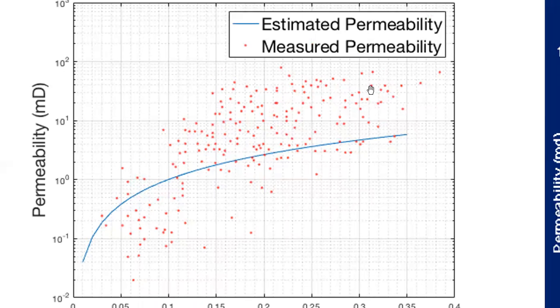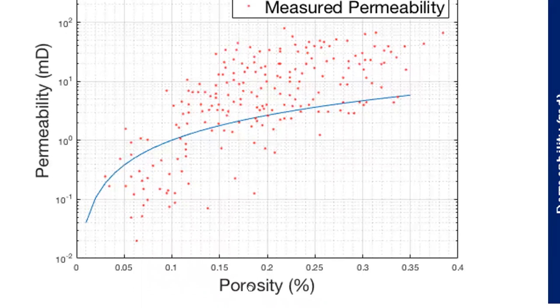We have these dots, and then we can conduct regression, trend lining, and we have this blue line. These red dots are the measured permeability, and this blue line is the estimated permeability, obtained by correlating the permeability and the porosity.